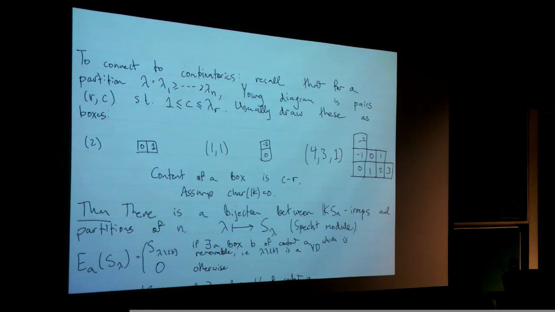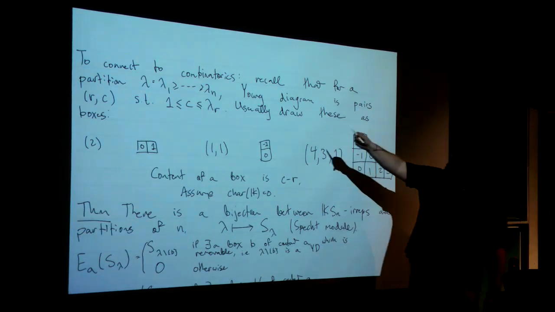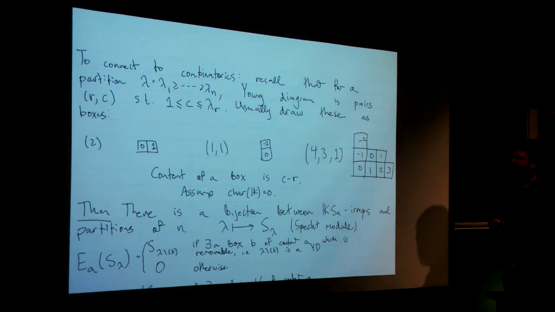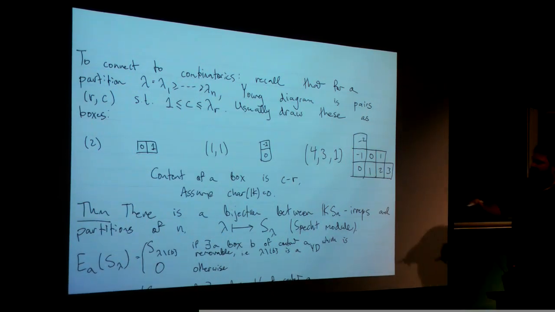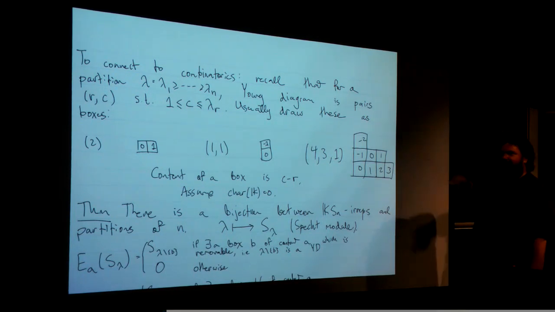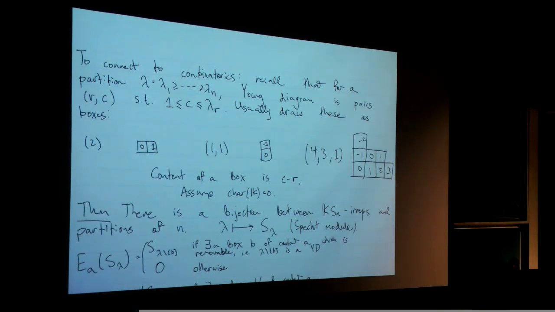All right, for those of you who like the representation theory of Sn, let's talk about how this connects to polynomials. If I have a partition, I have a Young diagram. And of course, we'll draw these as boxes. You can think of it as a subset of the set of pairs of positive integers.